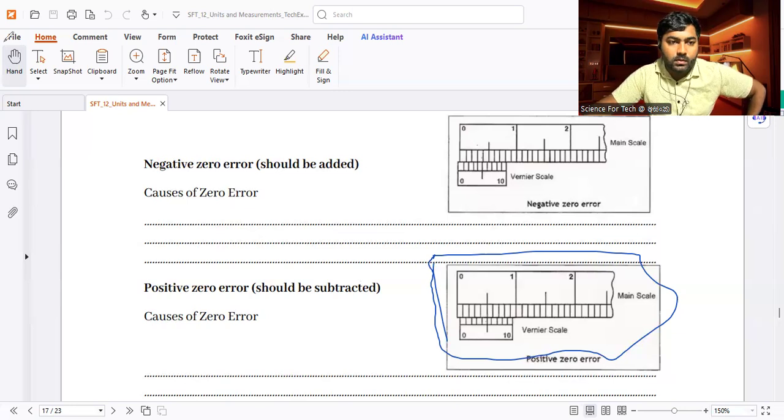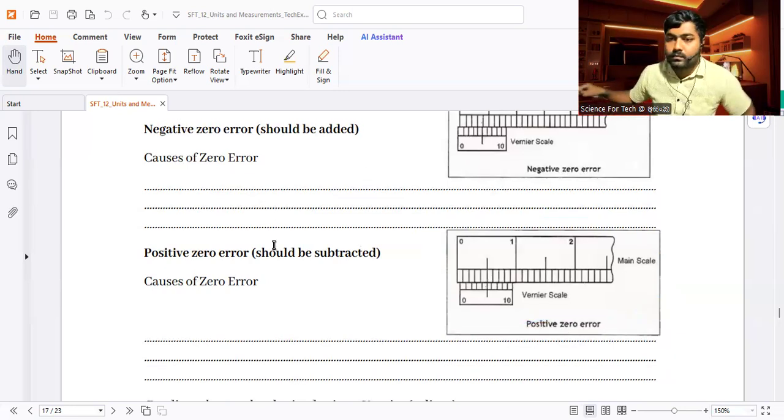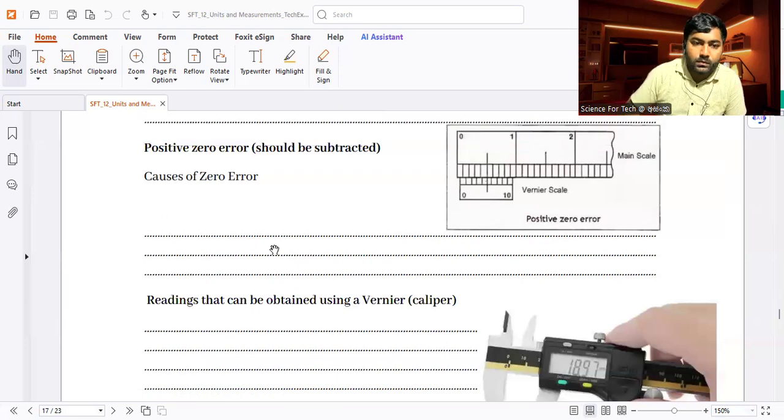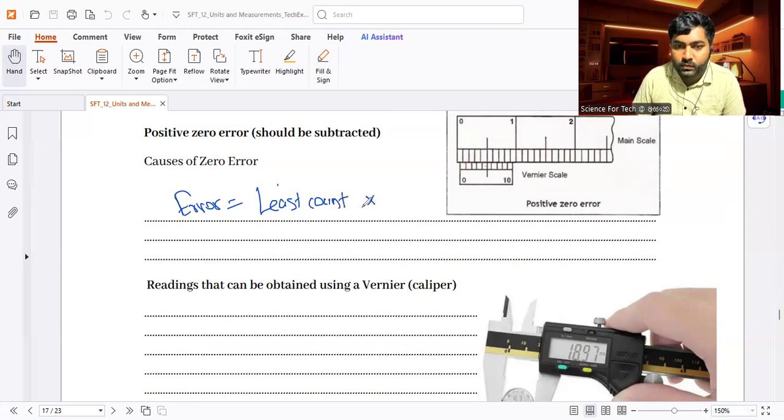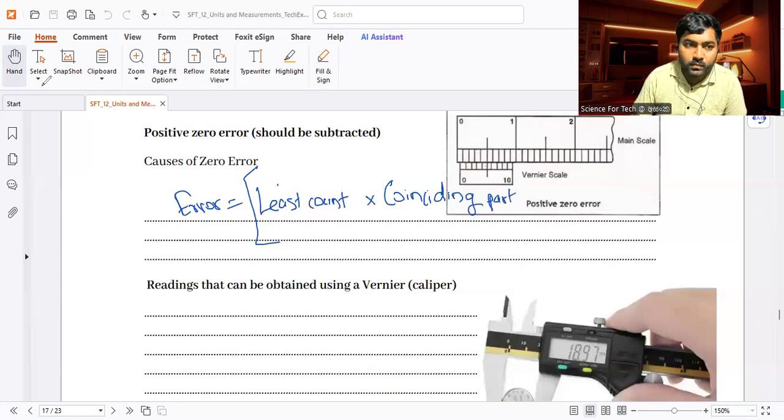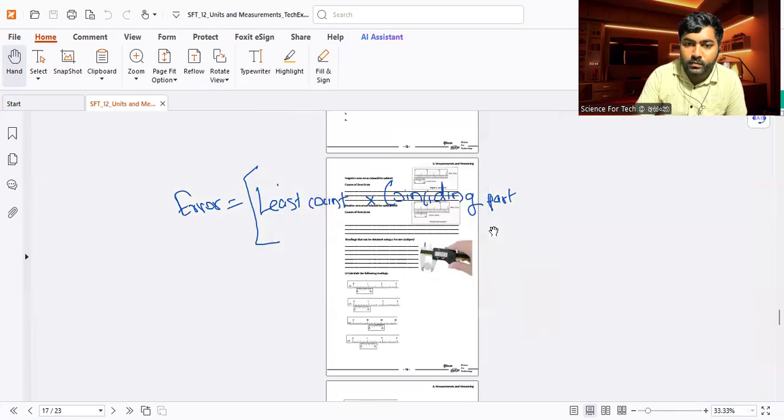Then let's see how we can calculate the error. Error is equal to least count into coinciding vernier part number.